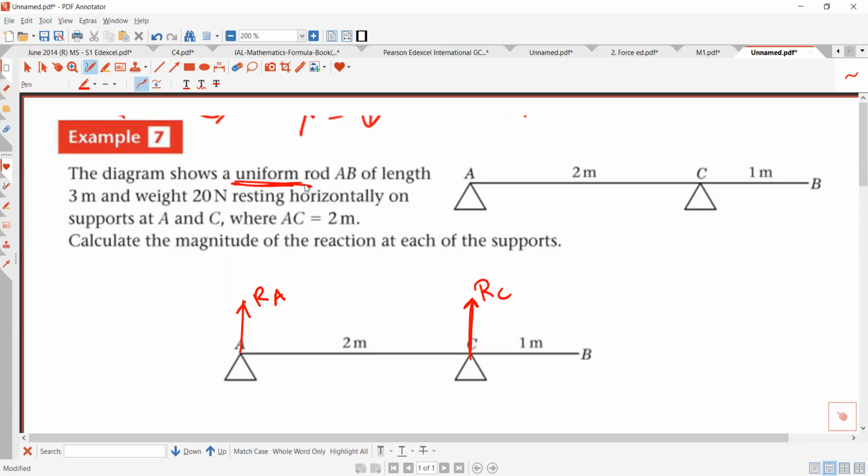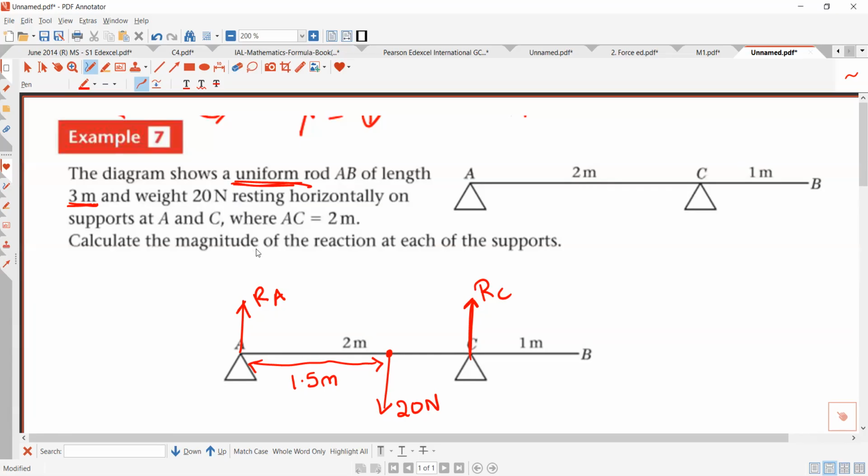If it is a uniform rod, remember, the center of gravity is at the center. If the whole length of the rod is 3 meter, at 1.5 meter you have your weight. The weight is 20 Newton. This is 1.5 meter. Always label your arrows and label your distances. Everyone understood how it is labeled?